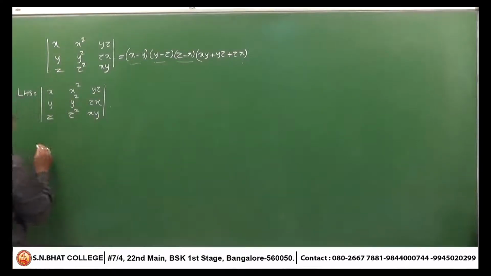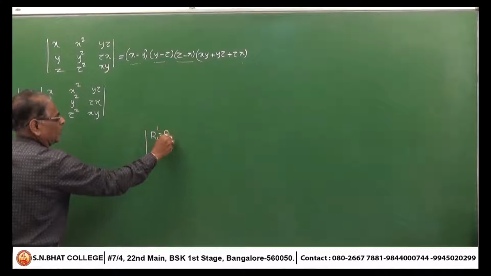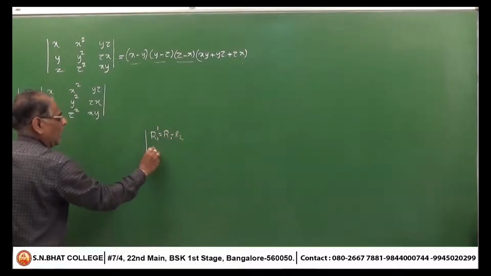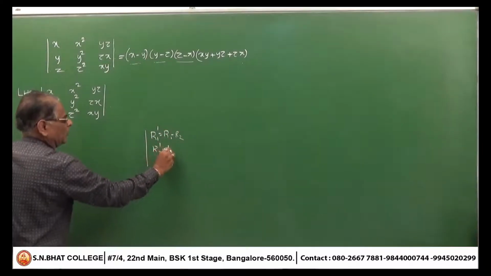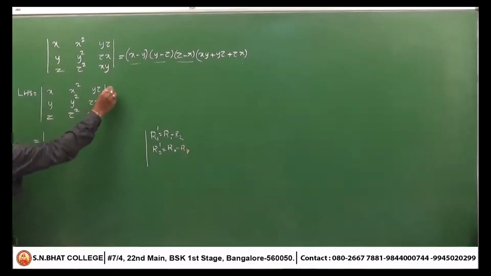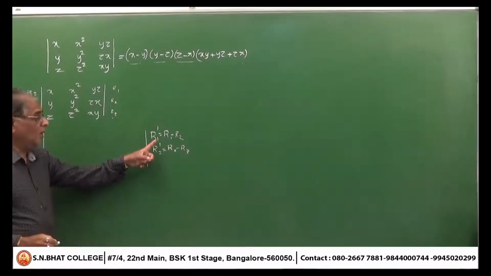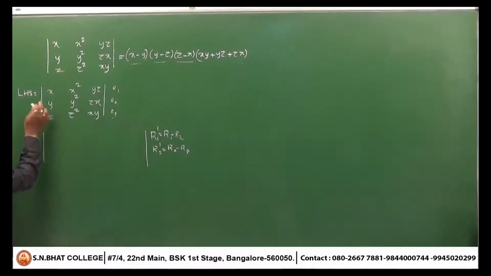First row operation is R1 dash is R1 minus R2, and R2 dash is R2 minus R3. This is R1, R2, R3. We are writing in R1: R1 is R1 minus R2.